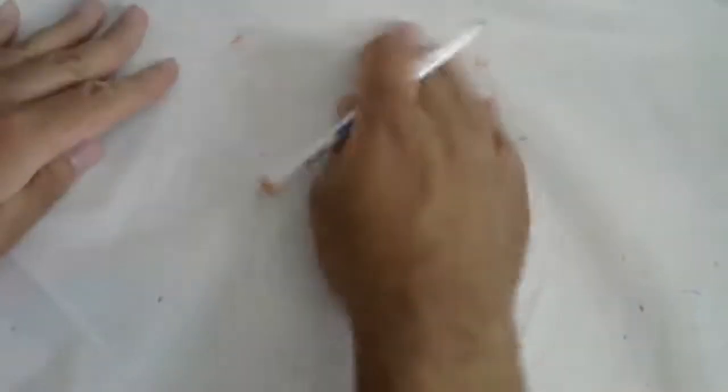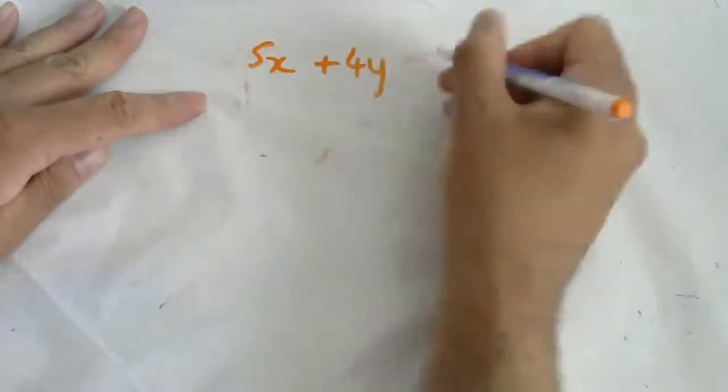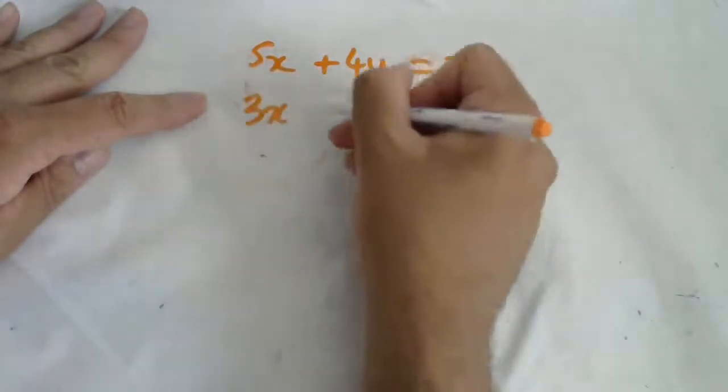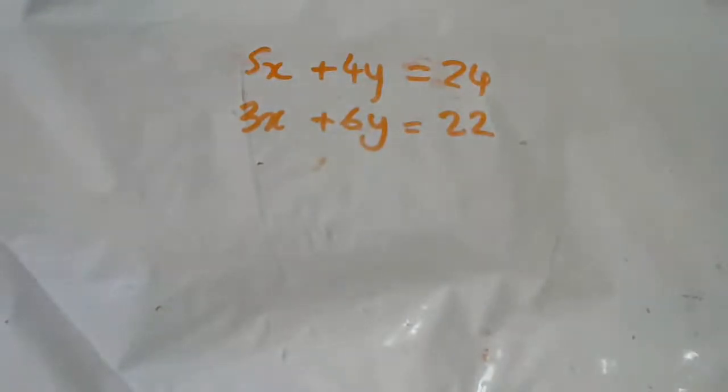That's fine. So let's do one with fractions in it, because I think that one worked out a little too nicely. So 5x plus 4y equals 24. 3x plus 6y equals 22. That definitely will give you fractions. That's the last one we're doing.